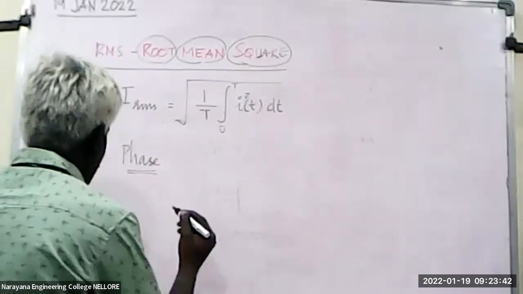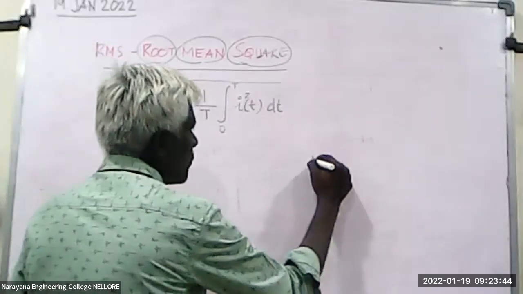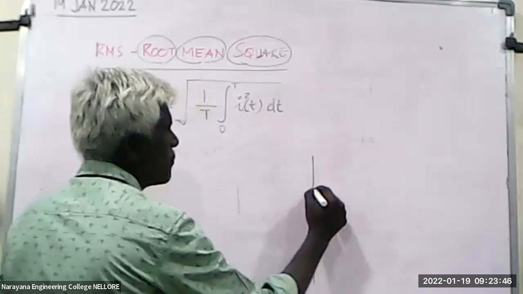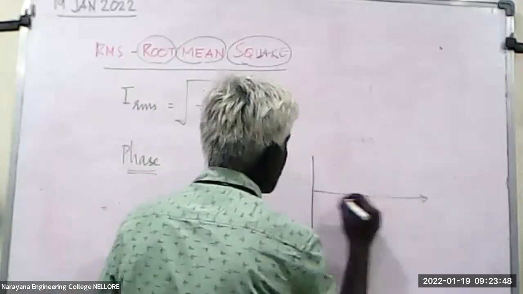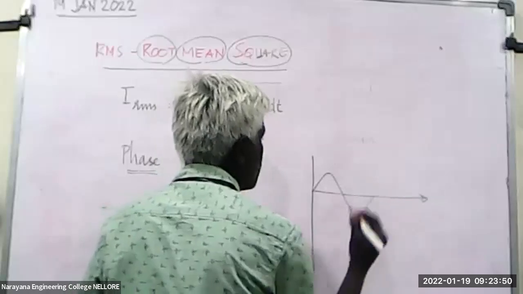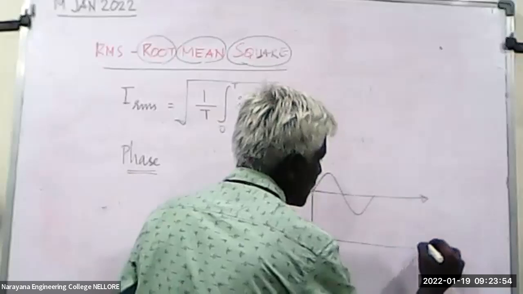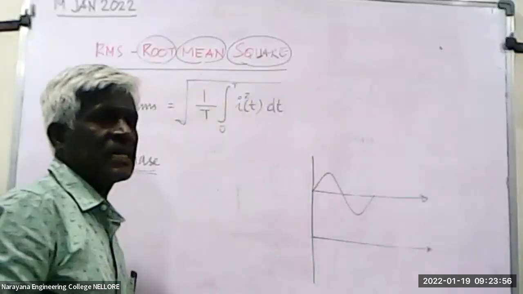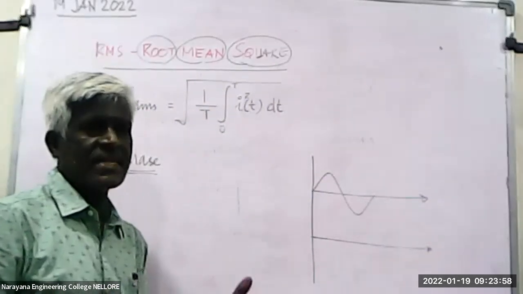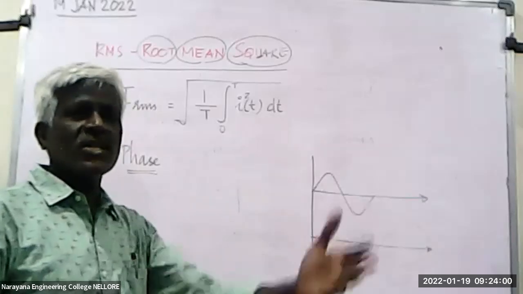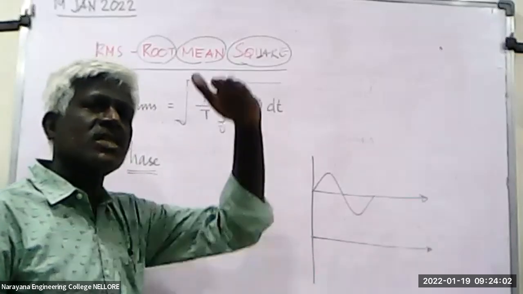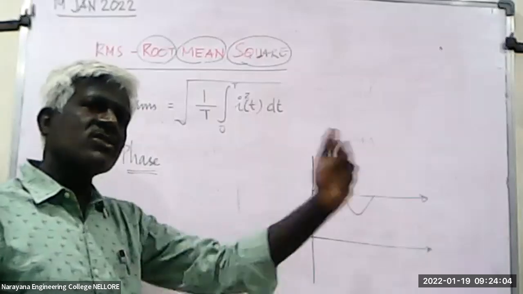About the phase. When you have a signal like a sinusoidal signal, and we say another signal is there, it is a relative quantity. If you say someone is short or someone is tall, it is with reference to someone, right?